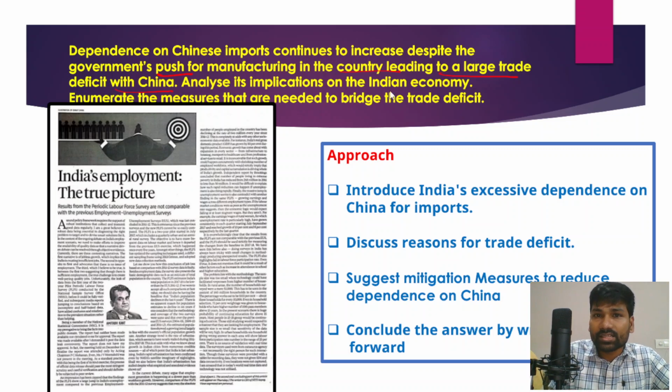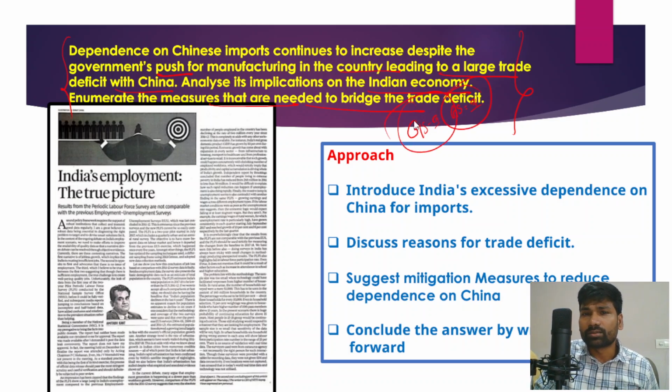Analyze its implications on the Indian economy and also enumerate certain measures that are needed to bridge the trade deficit. This is very important from the General Studies paper 2 perspective and also the General Studies paper 3 perspective.